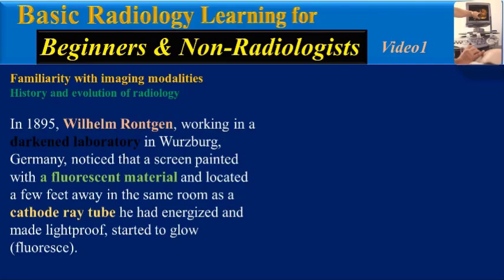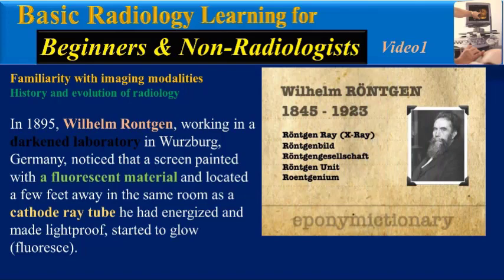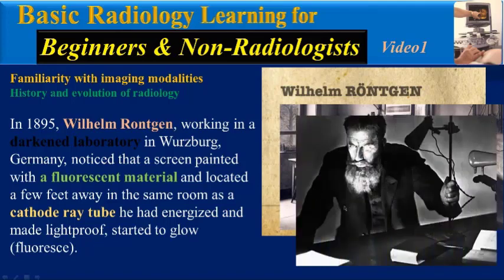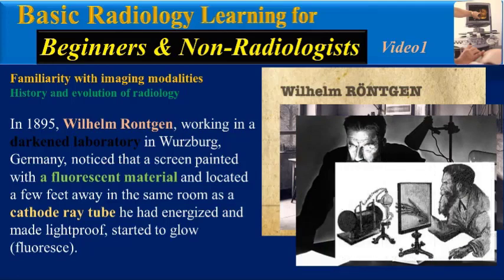In 1895, Wilhelm Röntgen, working in a darkened laboratory in Würzburg, Germany, noticed that a screen painted with fluorescent material and located a few feet away in the same room as a cathode ray tube he had energized and made light-proof started to glow or fluoresce.